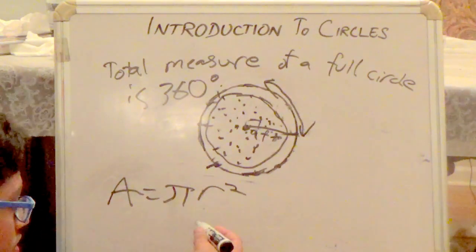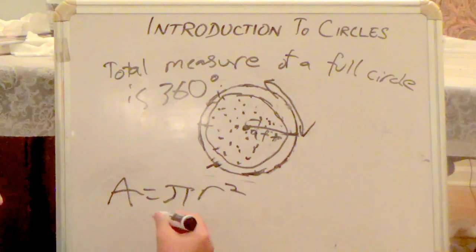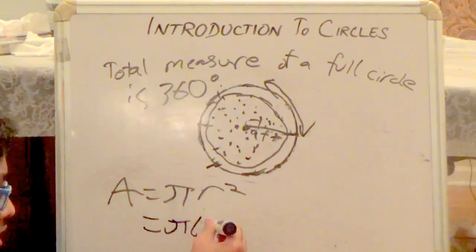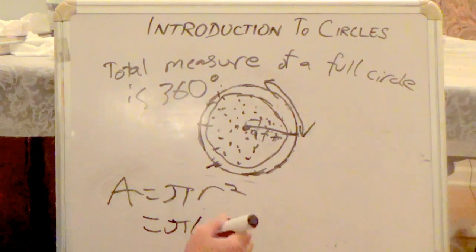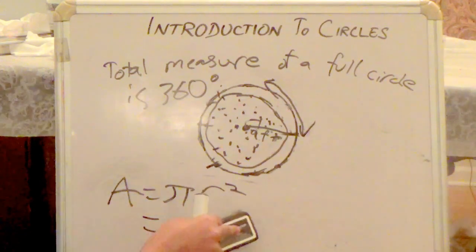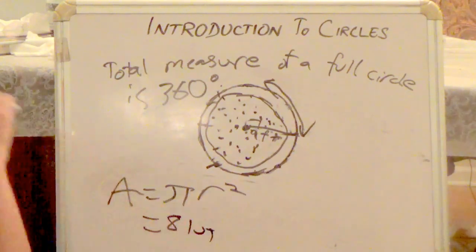So we could plug in 9 for r, which basically means that A equals pi times 9 squared. Since 9 times 9 is 81, we could just say that our answer is 81 pi. Perfect.